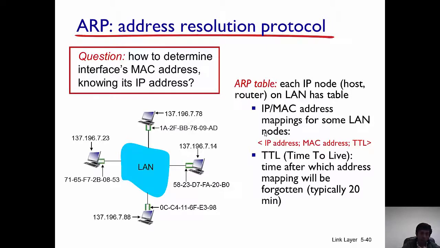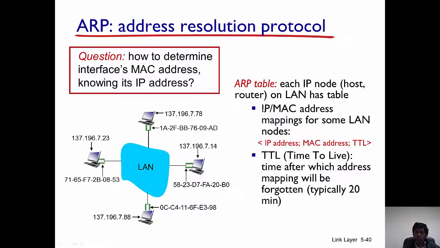The ARP table has a bunch of entries, and each entry is a mapping between an IP address and a MAC address, and there's also a TTL, which is the time to live. What this means is this IP address maps to this particular MAC address for this time to live. After this time has elapsed, this entry is going to be thrown away from the ARP table.